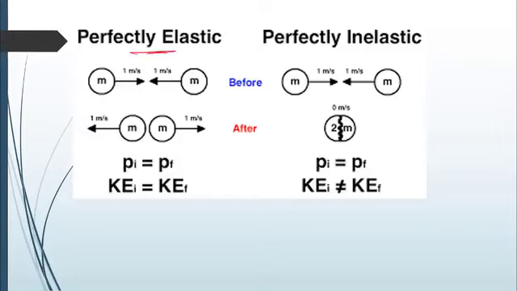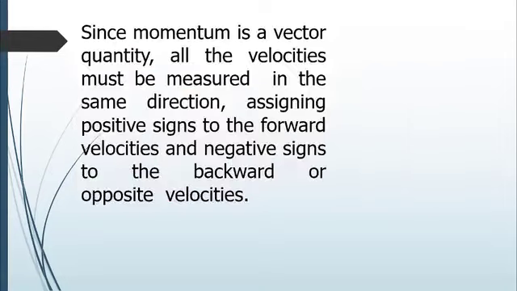This is the diagram of perfectly elastic and perfectly inelastic collisions. In perfectly elastic collisions, the kinetic energy before collision is equal to the kinetic energy after collision. But in perfectly inelastic collision, kinetic energy before collision is not equal to kinetic energy after collision.